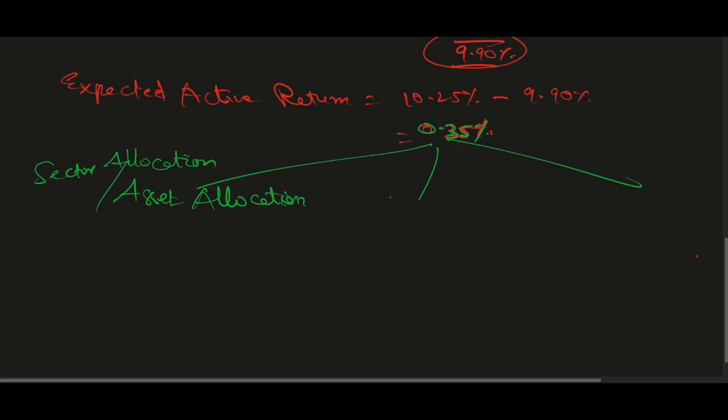And then what is being contributed by security allocation. I'm just bifurcating this part. Security allocation, and then the interaction. Okay, so we will see all this now.